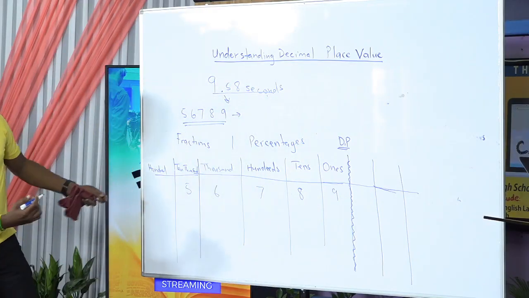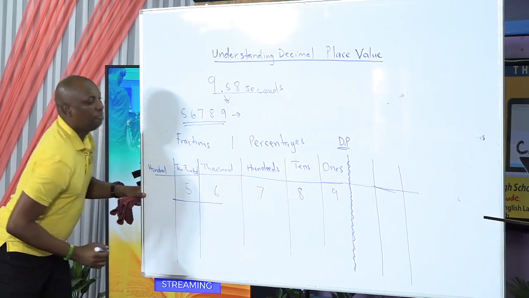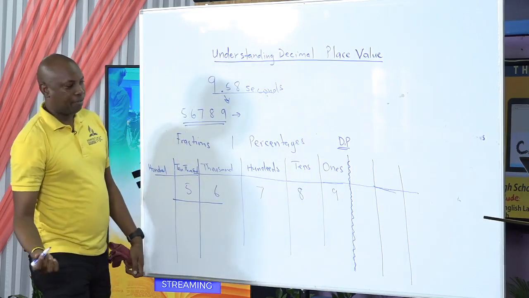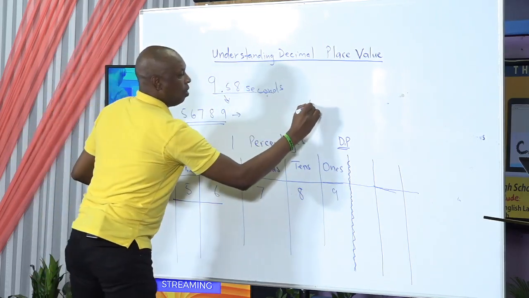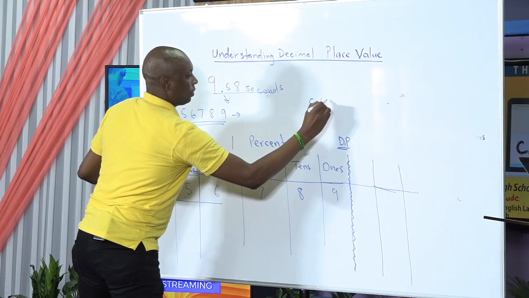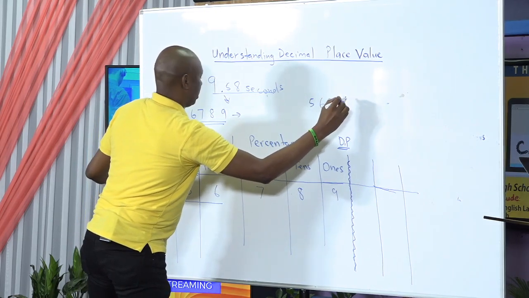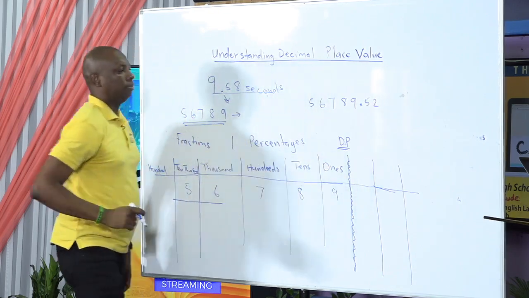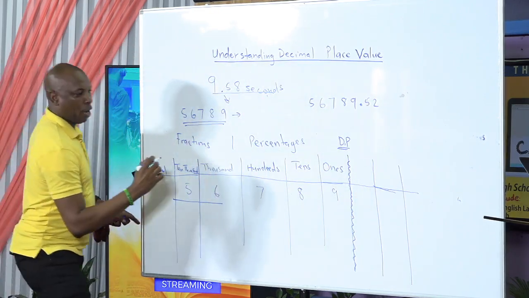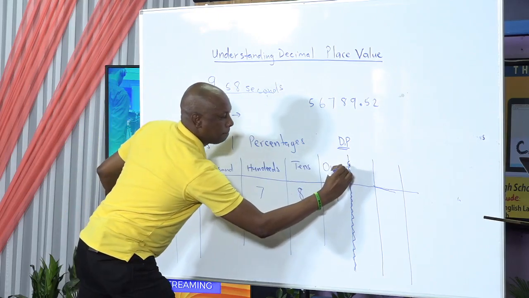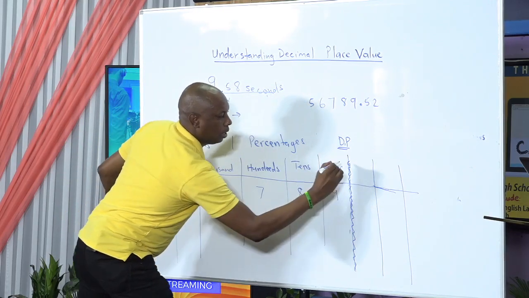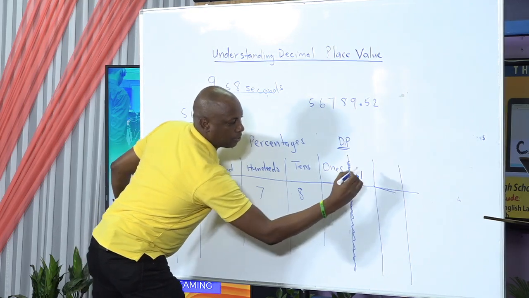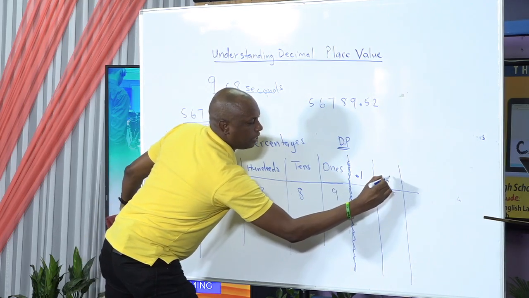I could also call this by one name, 56,798.52. I would have to go 5, 6, 7, 8, 9.52. My decimal point now would be right here, where this would now be 0.1, and we will go further into this, and this would be 0.01.